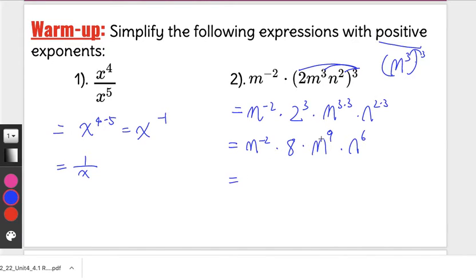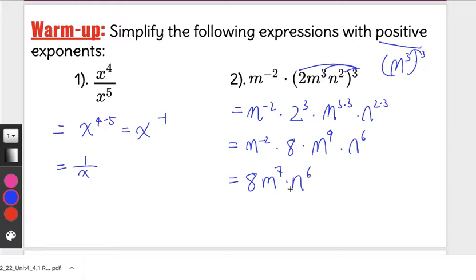And we know when we have the same base and we multiply them together, we add exponents. So we keep the 8 in front, and negative 2 plus 9 is going to be 7. And the last part is going to be n to the 6th power.